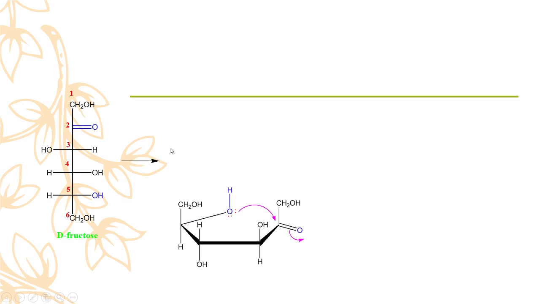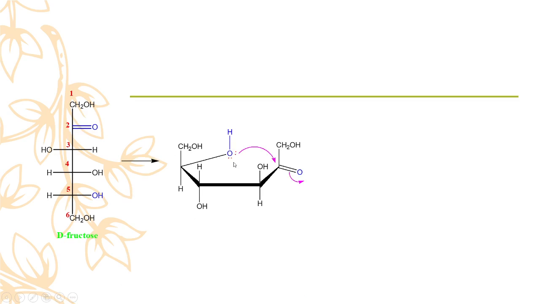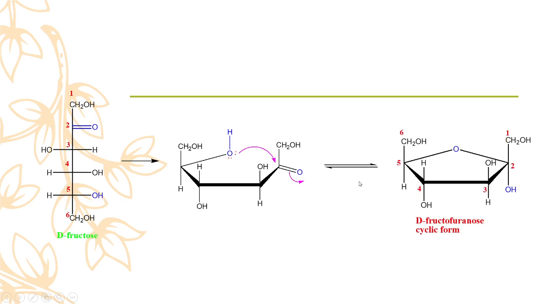So see the reaction. This is D-fructose, in which the second carbon contains the carbonyl functionality. The hydroxy group on the C5 carbon can attack this carbonyl carbon; the lone pair of this oxygen attacks this carbon atom, and there is an opening of this bond.